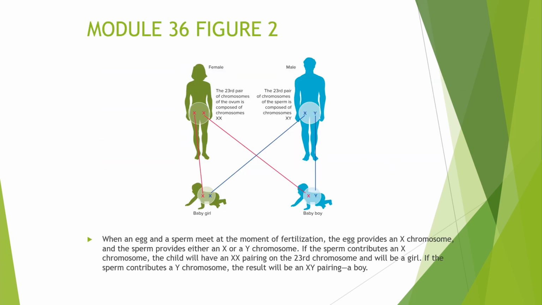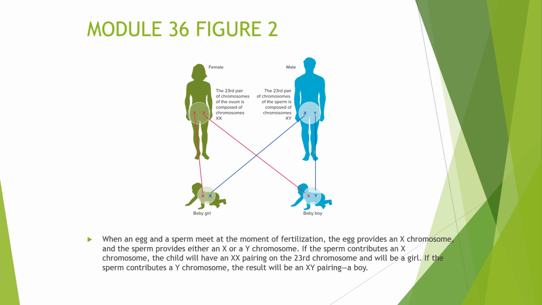This figure is at the bottom of page 378. And this is what I said previously whenever I was talking about the male and female and determining. So you can see that the mother gives an X chromosome to a baby girl and an X chromosome to a baby boy. The father either gives an X or a Y. So if the father gives an X chromosome to the baby girl, that's two X's, and that means a female.